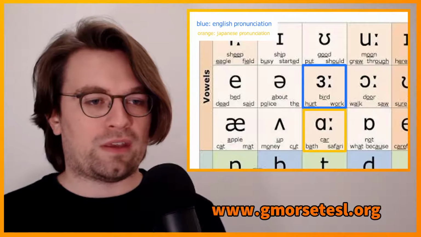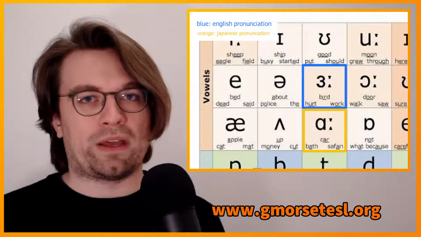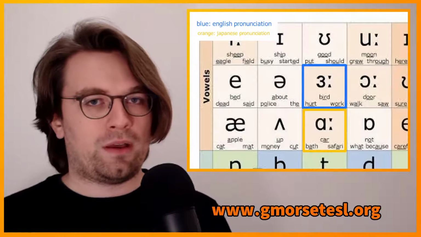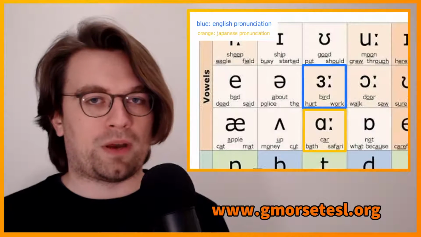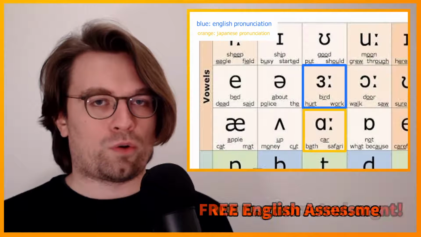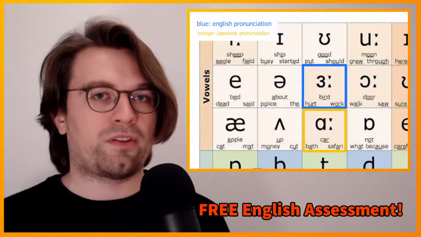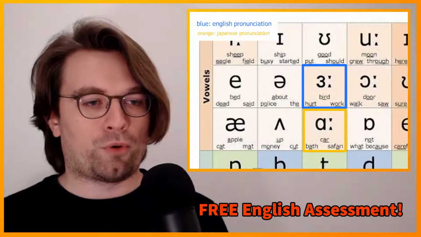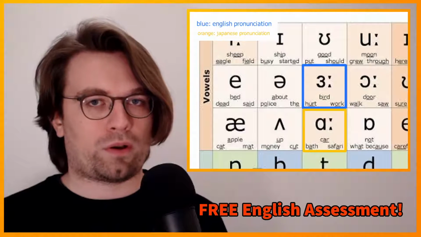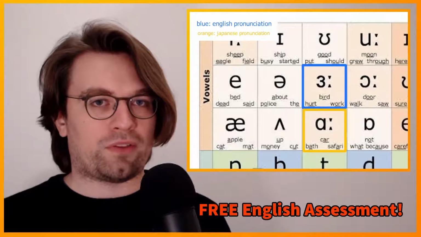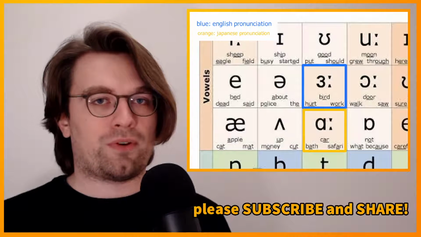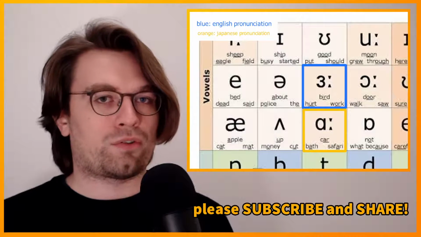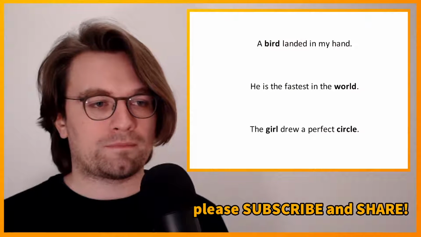So as you can see, it's a strange symbol that we don't actually use in writing. But this is the symbol that represents the sound, right? Bird, hurt, work. So it's important to realize that those two sounds are very different, and it's important to master the sound if you want to be understood.